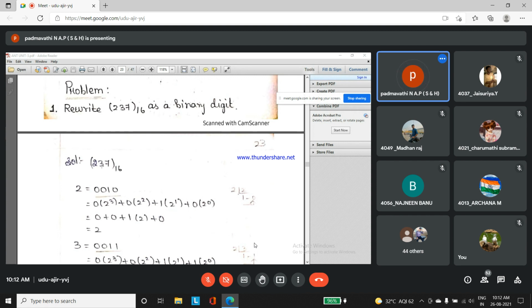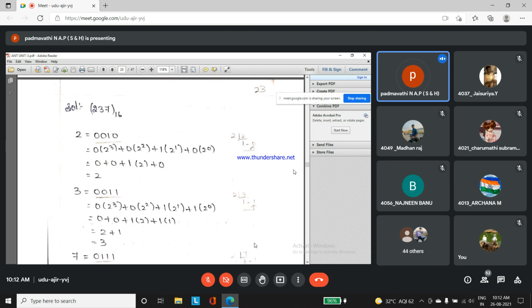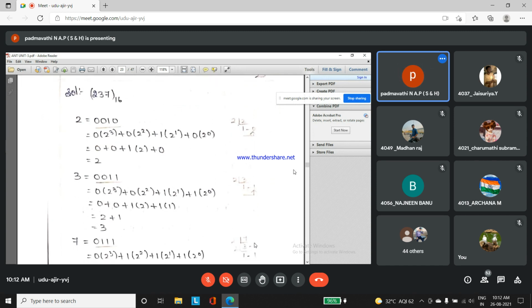Next hexadecimal digit, 3. That is also divided by 2. 3 divided by 2: 1 twos are 2, remainder 1, so 1 1.